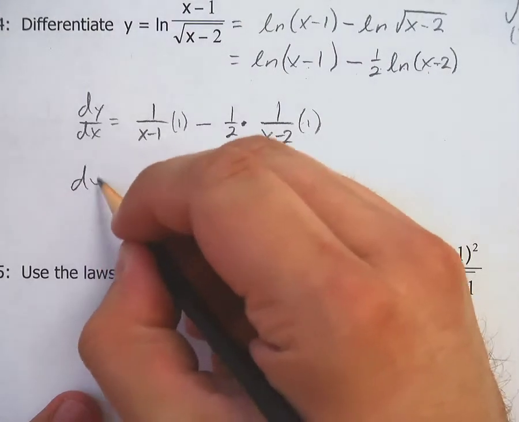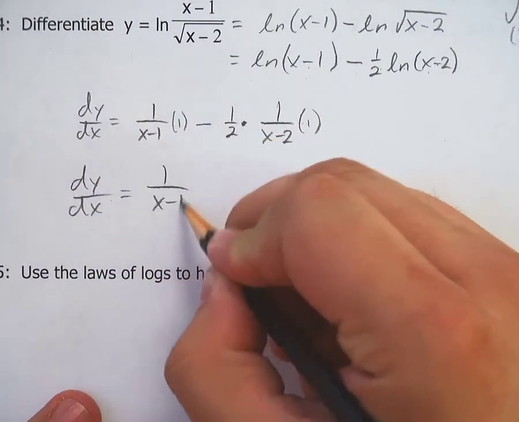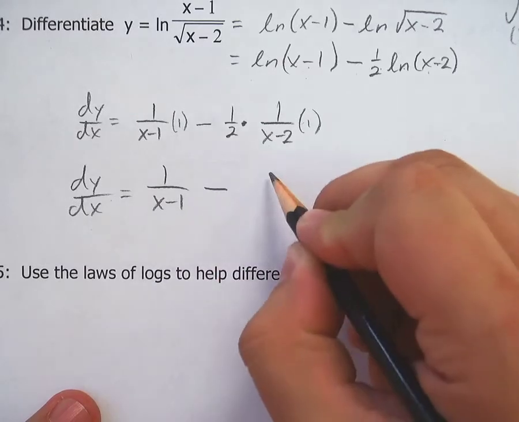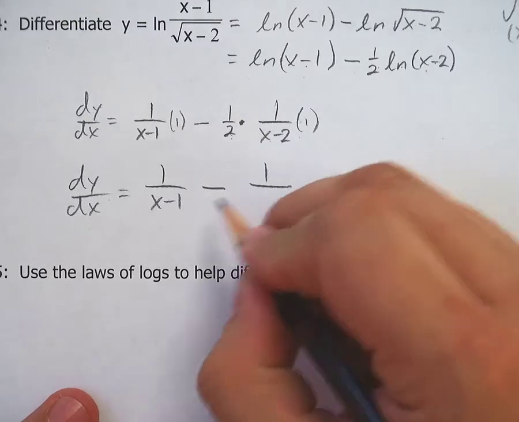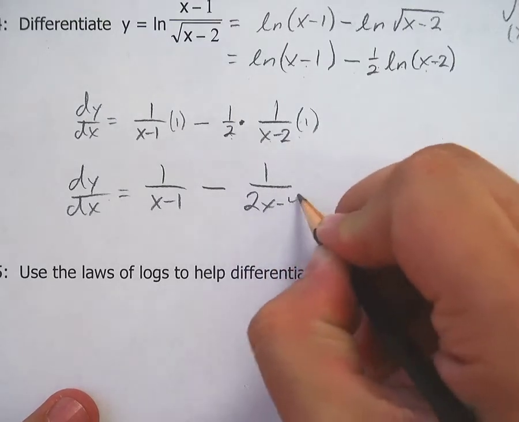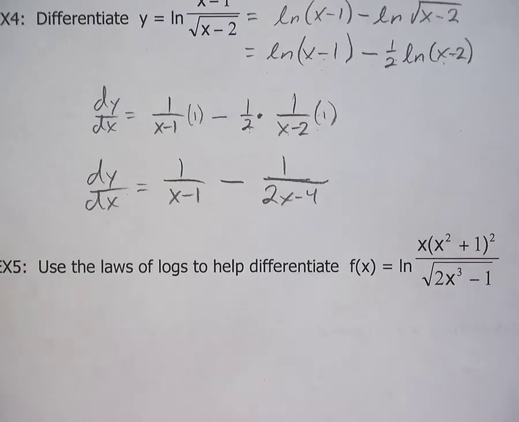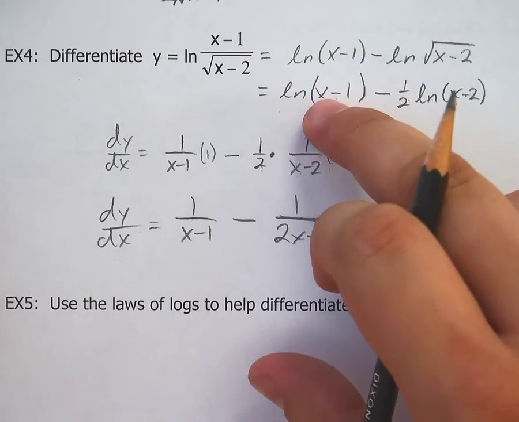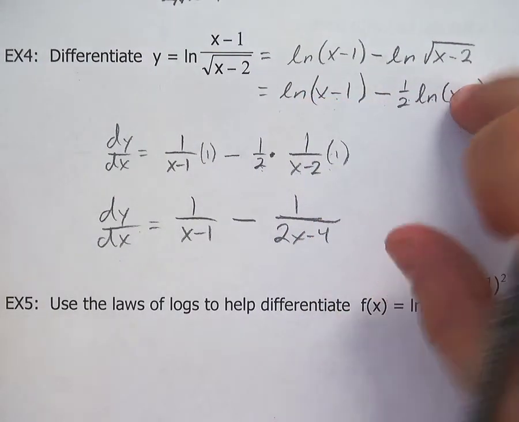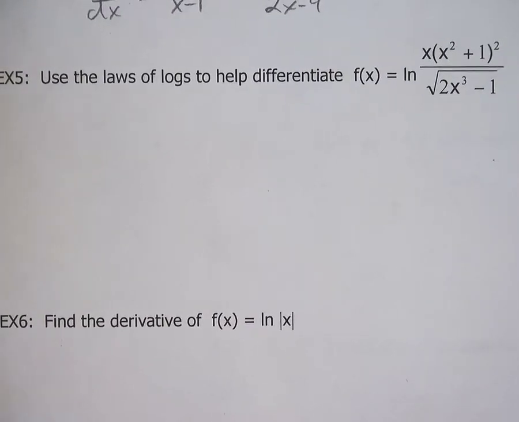So dy dx is 1 over x minus 1 minus 1 over 2 times x minus 2, or 2x minus 4. And I'm not going to make you get common denominators and squish those together. Just leave that as it is. So again, I just broke it up: 1 over u, derivative of u, 1 over u, derivative of u. Same way every time.